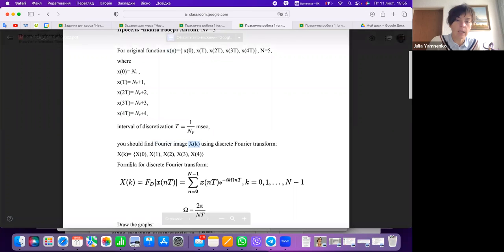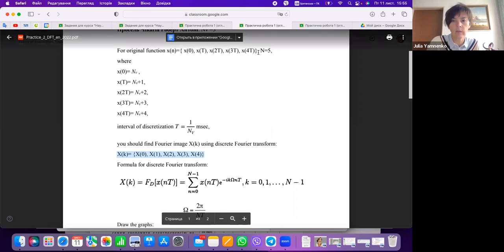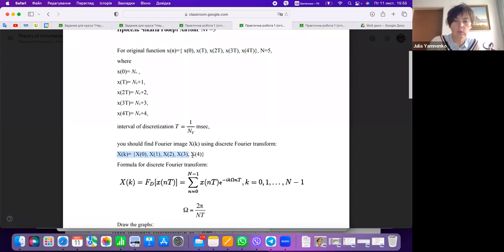And this spectrum will consist of the same number of values. So if the original function consists of 5 values, then the spectrum will also have 5 values. If the original function consists of 10 or 1,000 numbers, the same number of values will be in the spectrum. So it's always the same.